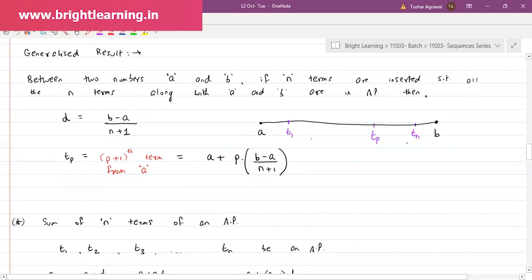The insertion of n terms we have seen: two fixed numbers a and b, and the insertion of n terms in between them. So in total we have to divide that interval between a and b into n plus 1 equal parts. How to insert n terms in between such that all of them are in AP, that part we saw.